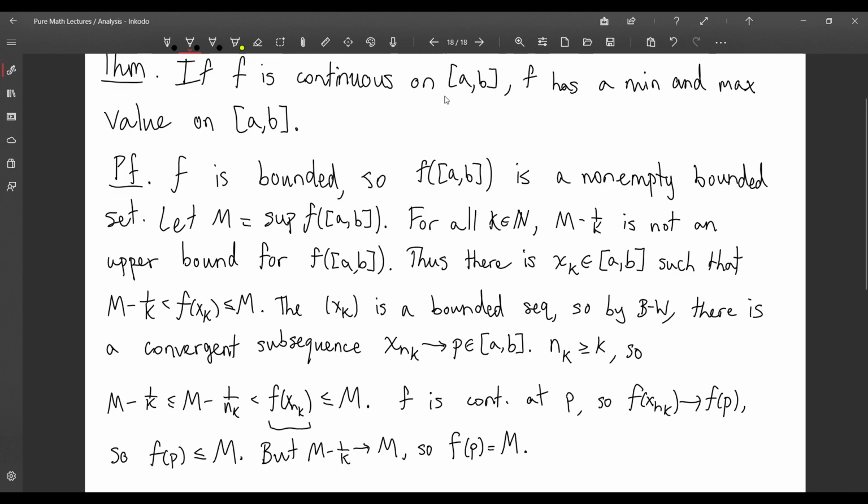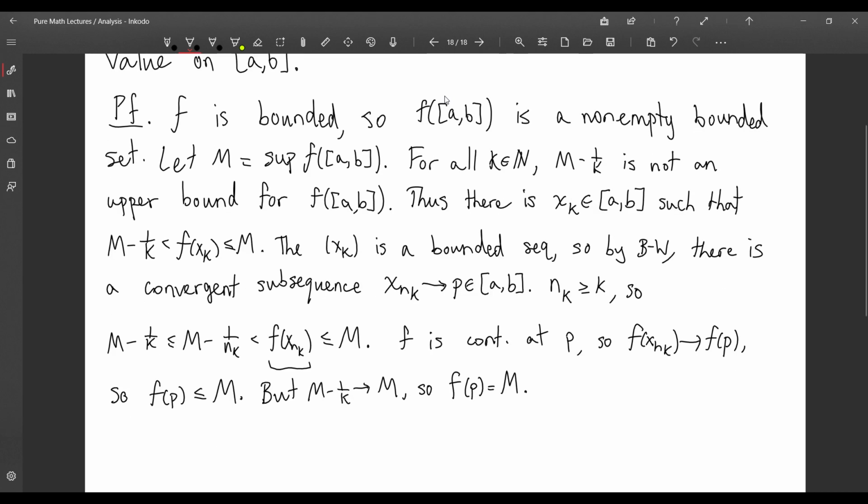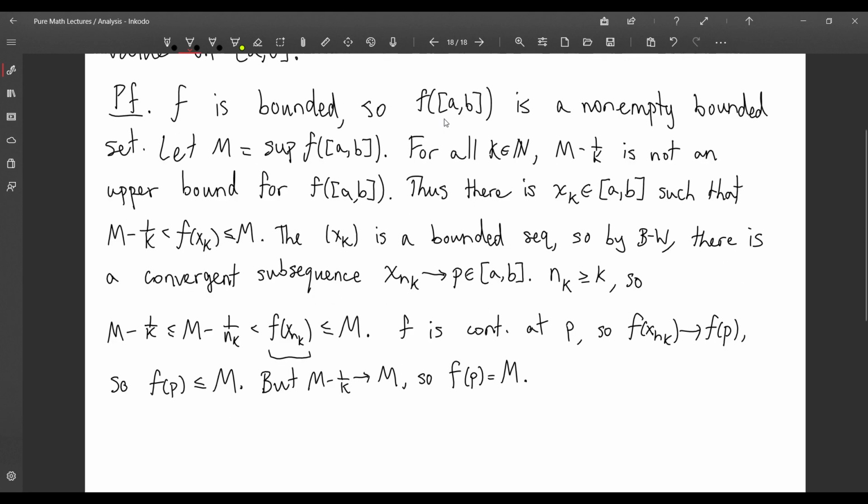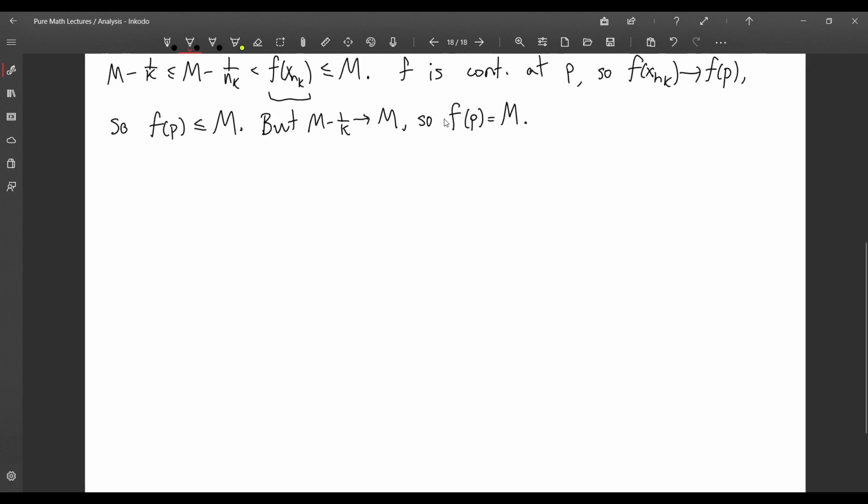And you can see that this is also going to be true for compact domains. Why? Because, again, we've used the fact that it's bounded here and here, and we use the fact that it was closed here, so it works for compact domains as well. And right, last lecture we talked about the intermediate value theorem. Here we proved the extreme value theorem.